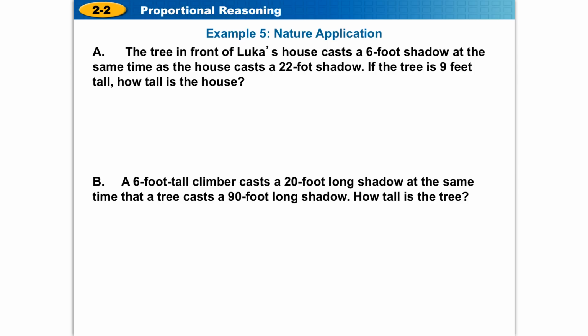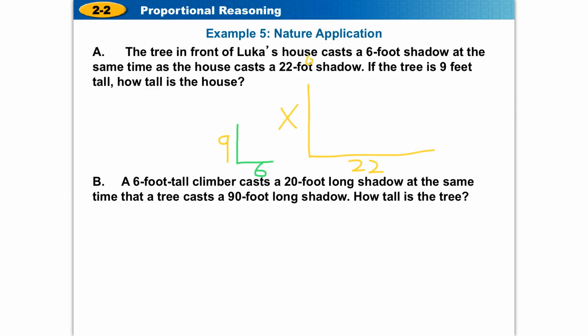Example 5, we are going to do some application problems, and these are going to be more proportions. And I think the key with these problems is going to be drawing an accurate picture. So the first thing we have is a tree in front of Luca's house casts a 6-foot shadow. And at the same time, the house casts a 22-foot shadow. Let me add the extra O there for foot. If the tree is 9 feet tall, how tall is the house? Alright, so you can see here that 9 and x both refer to the side of the house, and 6 and 22 both refer to the base or the shadow of the house.